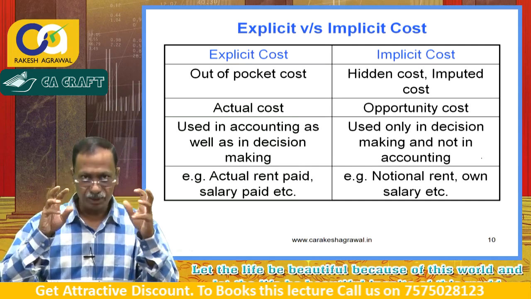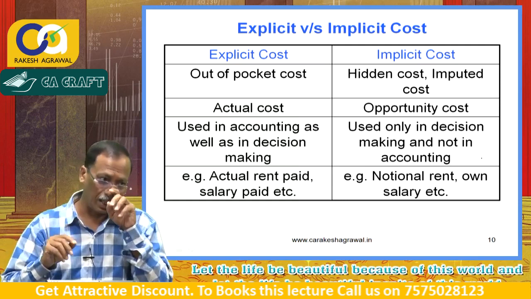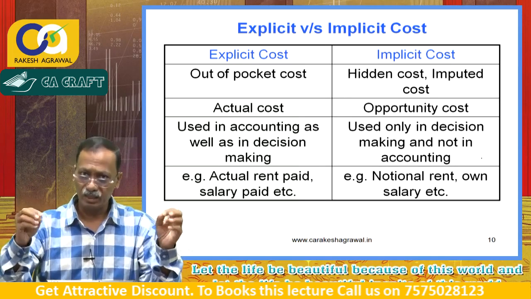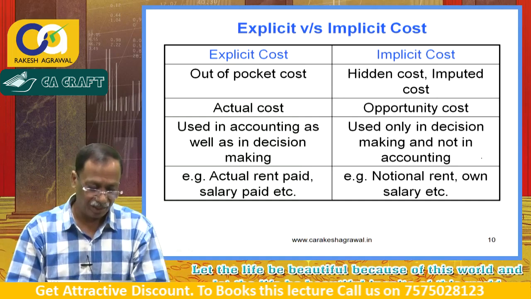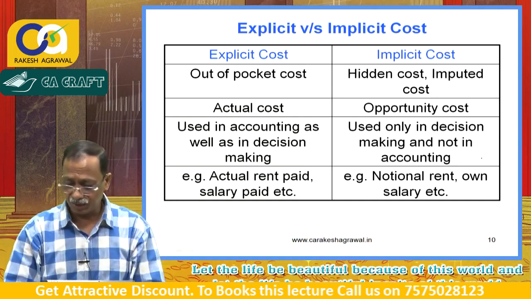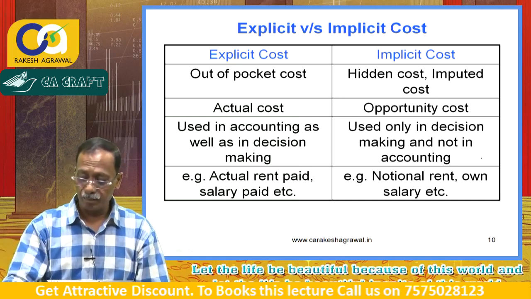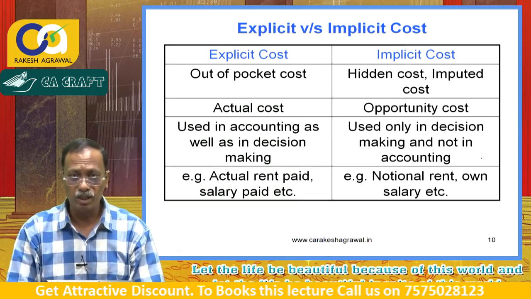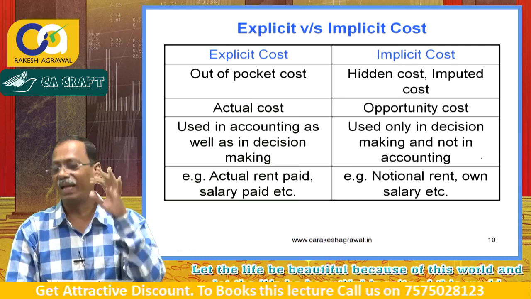The example, just to explain, is that I have got my own classroom owned by me, in which I conduct the coaching classes of CA. I teach the subject of costing. At the end of the year, when I prepared my profit and loss account, it showed me a profit of, let us say, rupees 10 lakh.